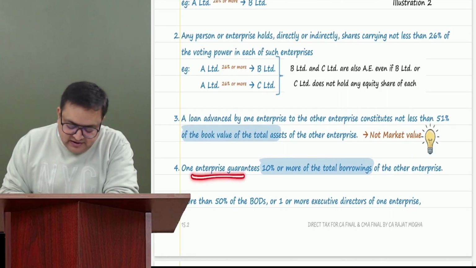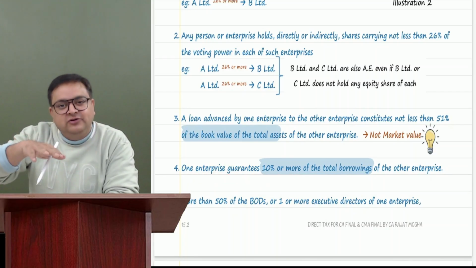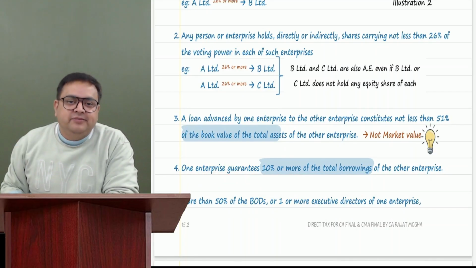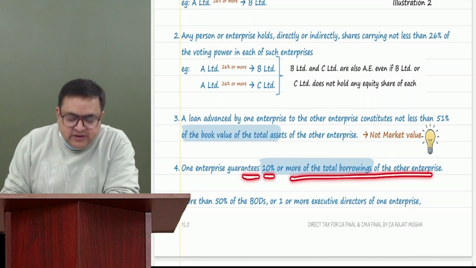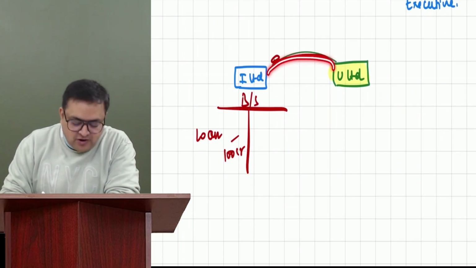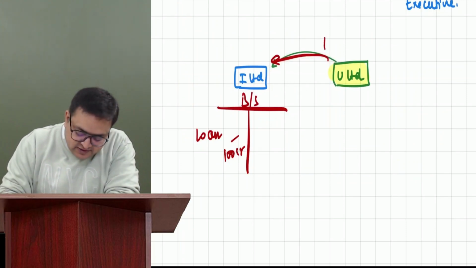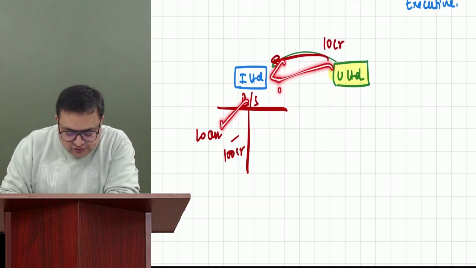One enterprise guarantees at least 10% or more. Exactly 10% also, then also you will be associated enterprises. So you have given a guarantee of 10% or more of the total borrowing of the other enterprise. So actually, you are a guarantor of how much? At least 10%. So if you have given a guarantee of 10 crore also, then also you might be.